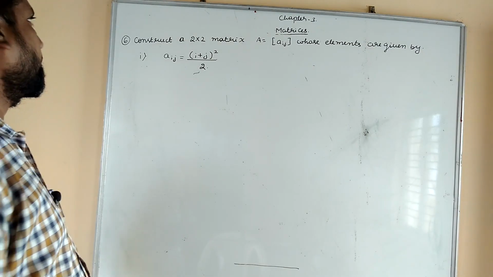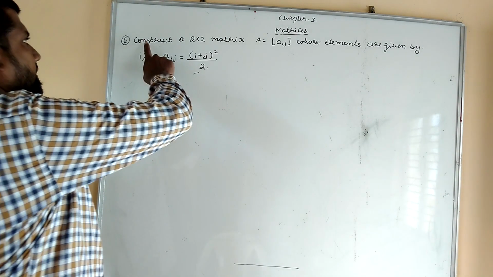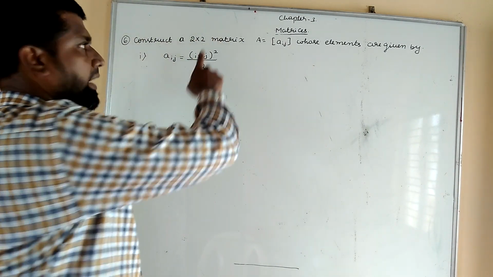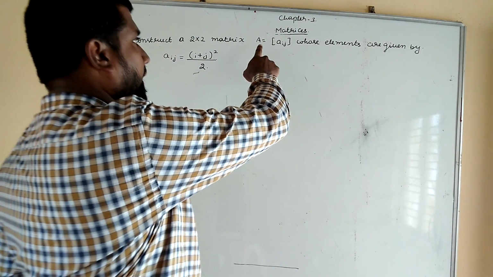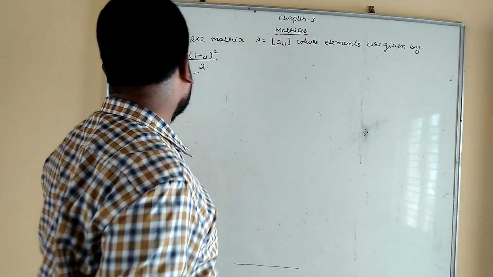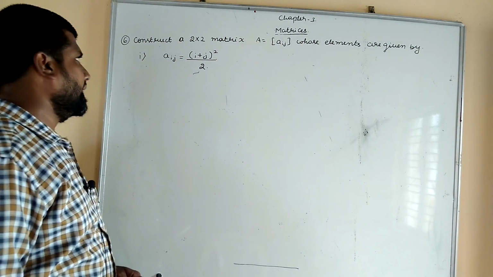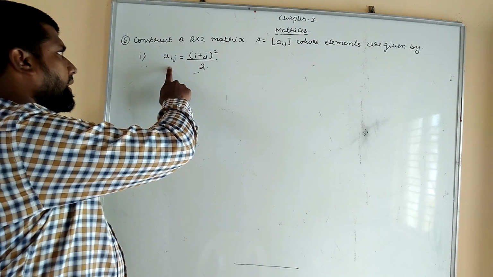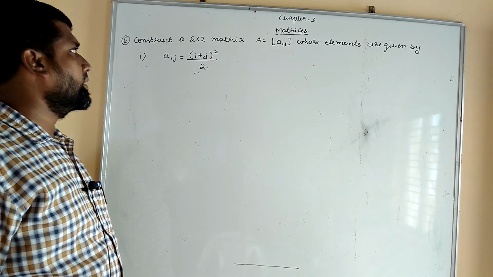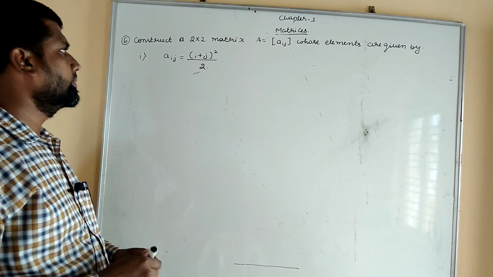Let us solve the next question, the sixth one. Construct a 2 cross 2 matrix A is equal to aij, whose elements are defined as aij is equal to (i plus j) whole square by 2.